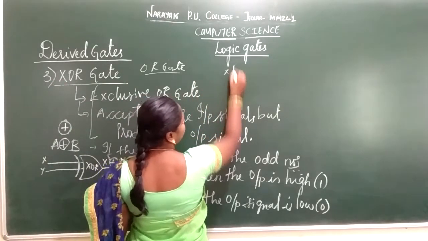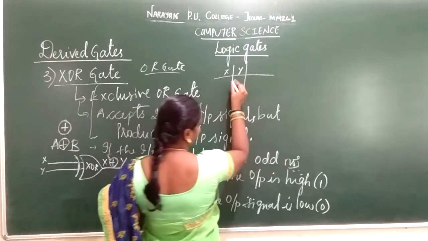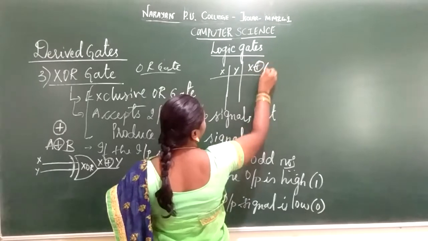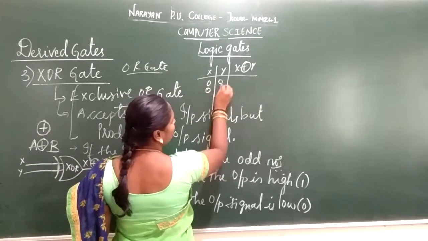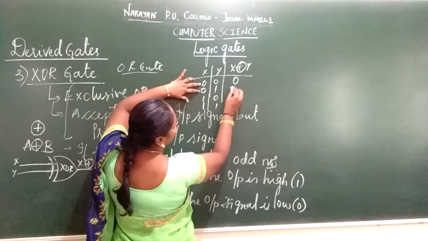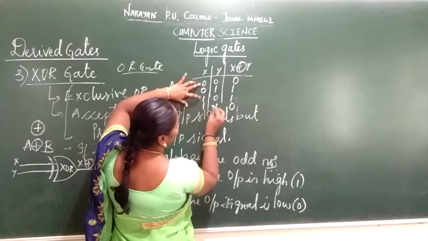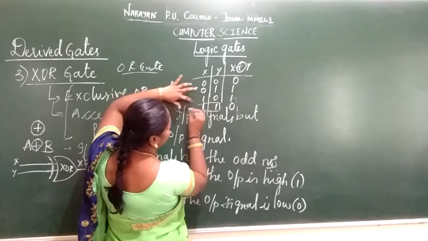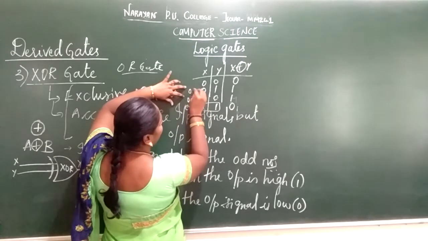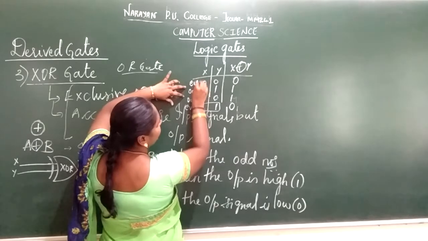For the possible combinations of X, Y, that is 0 0, 0 1, 1 0, 1 1, the output X XOR Y is 0, 1, 1, 0. Since here it has an even number of ones, here an odd number of ones, here an odd number of ones, and here an even number of ones.